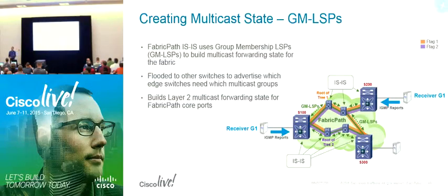It's essentially group membership LSP. It's the ISIS update that says, I am the switch and I am interested in a particular multicast group. So all of these GM LSPs are flooded throughout the network, and that way you can build a forwarding state for multicast in FabricPath.